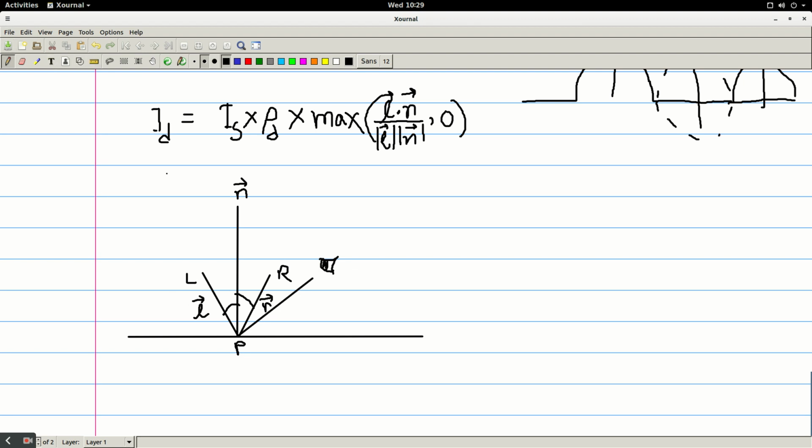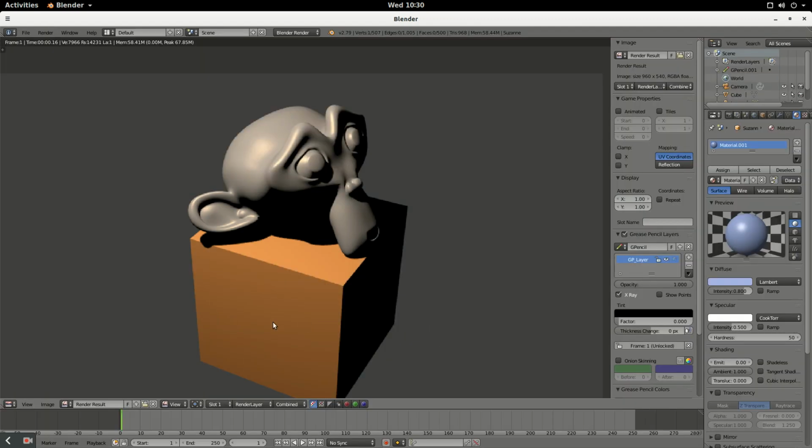If we put up a label over here, this is going to be our V vector, and this is our point V as the viewer or the camera. Right over here we have a new angle, and let us call that phi. Based on this angle phi, it depends how much light is going to be reflected back as the shiny component.